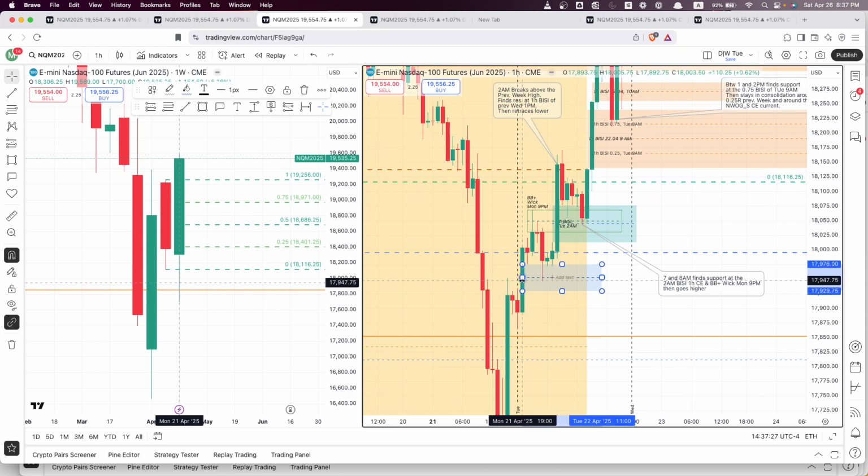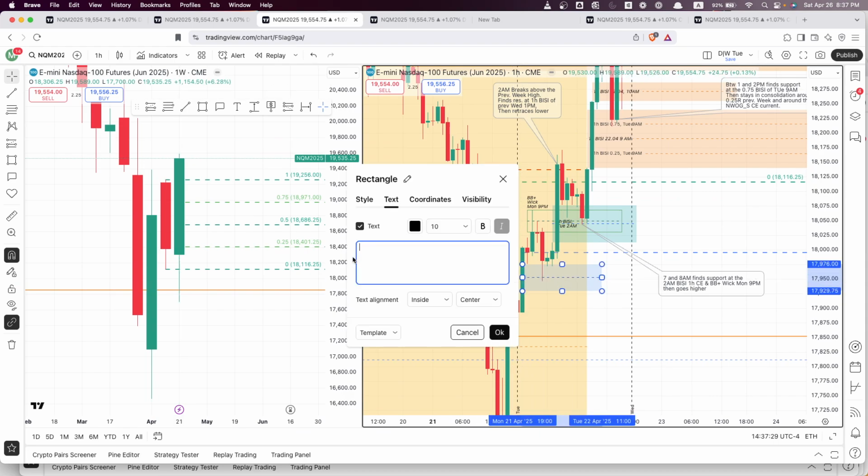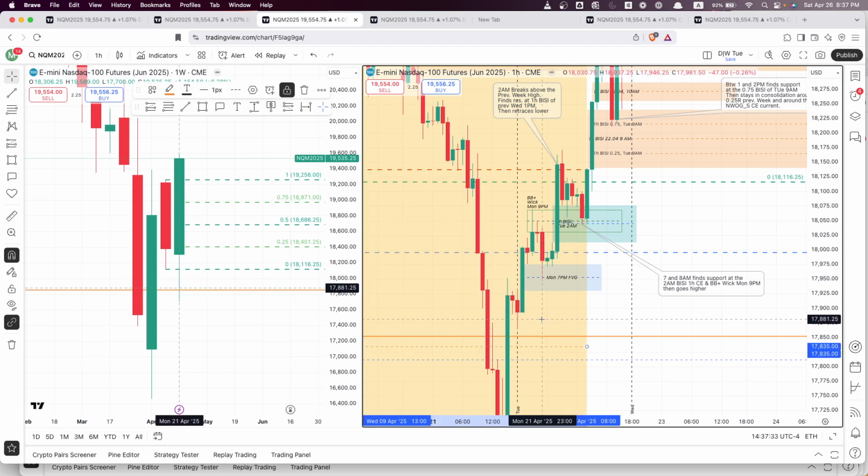So the BC happens at 7 p.m. And then here I find support 11 p.m. Then here I find support at the daily week consequent encroachment. Here is a bullish breaker, so low, high, lower, low. So I annotated the week of that, and then we have the mean threshold, and this coincides with this fair value gap as well at 2 a.m.